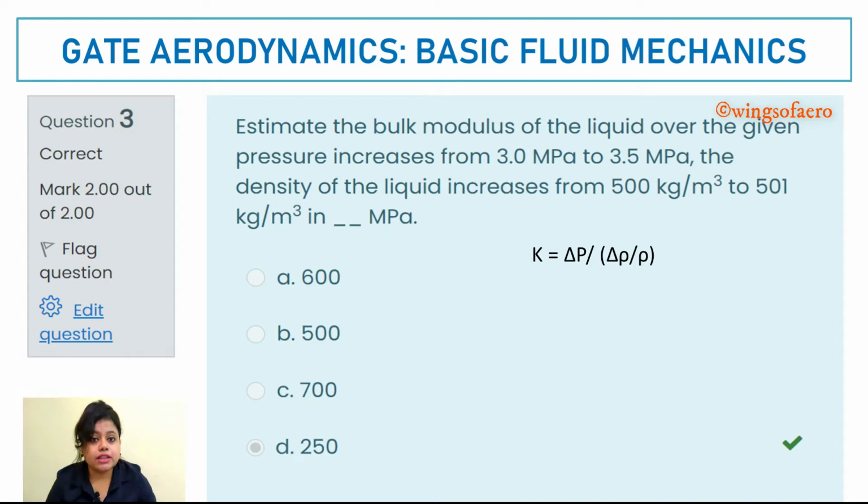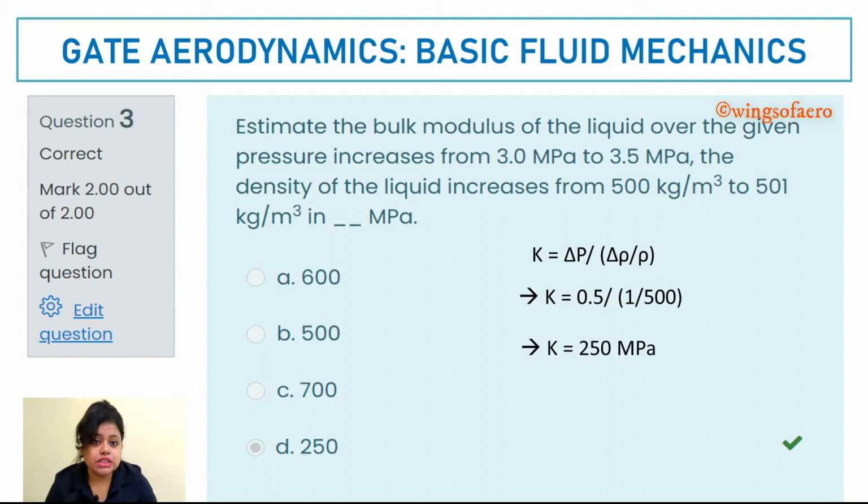Alright. Now in this question they have not given the volume, they have given the density. So we have to prefer this option. Now substitute the values: the change in density, the original density is known, the change in pressure, substitute in the formula and you get the bulk modulus is 250 megapascal.